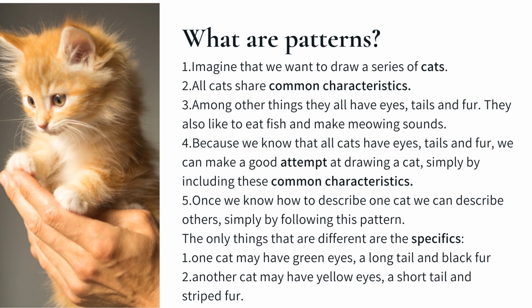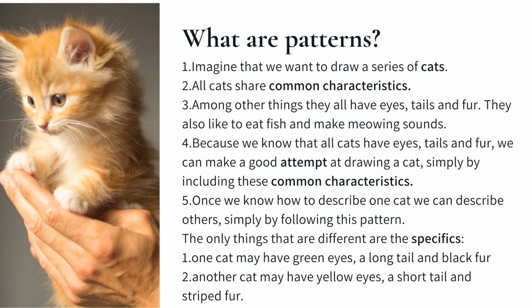Defining one element, all right, could be the same definition of other elements, common characteristics. Okay, but the only things that are different are the specifics, which are not important here.